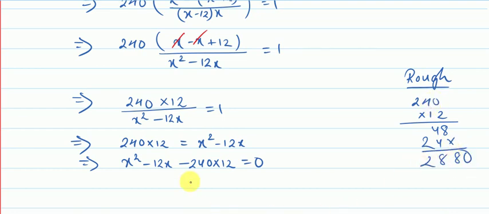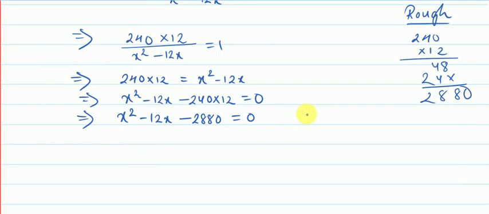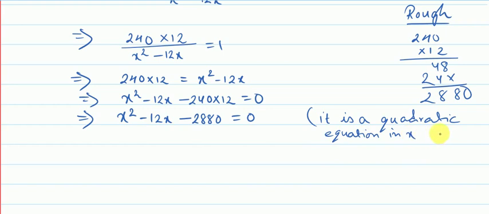So you write it like this, which gives 2880. Now you can see it is a quadratic equation in x.